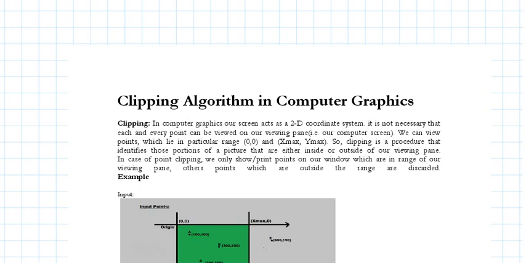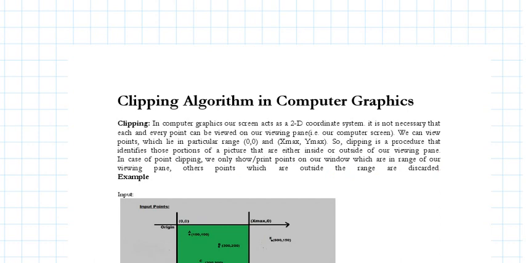So the simplest type of clipping is point clipping. In point clipping, what happens? You only are able to see or print the points on your window which are in range of your viewing pane. Other points which are outside the range are discarded.